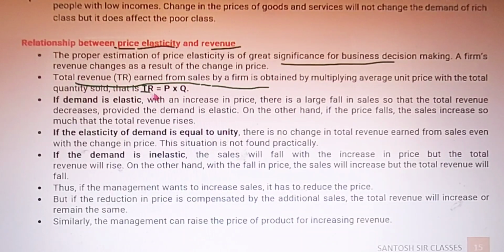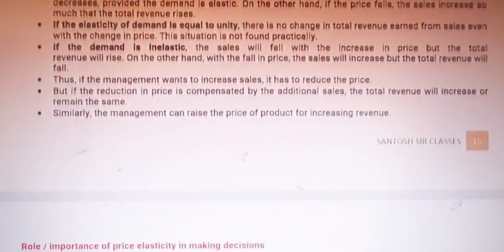So total revenue is equal to P into Q, that means price into the number of units sold. And if the demand is elastic, there will be an increase in the revenue. And if it decreases, it has a negative side. So like that you can write the relationship between these.